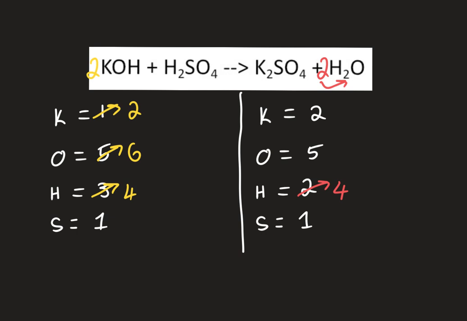And now I also have 2 oxygens, because there's 2 water molecules, plus the 4, that actually gives me 6 oxygen atoms. And now I have 2 potassium atoms each on either side, 6 oxygen atoms on either side, 4 hydrogen atoms on either side, and 1 sulfur. So now that reaction is also balanced.